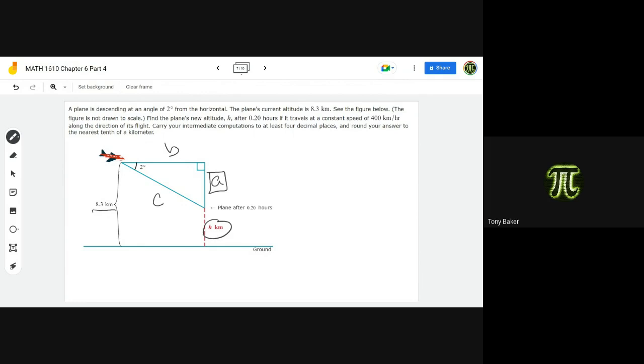They did give you some other information that allows you to figure out one of the sides. They told me they traveled 0.2 hours, and it's going 400 kilometers per hour. So how far has the plane traveled in that 0.2 hours? Yeah, so we're going to multiply that. Yes, it is 80.